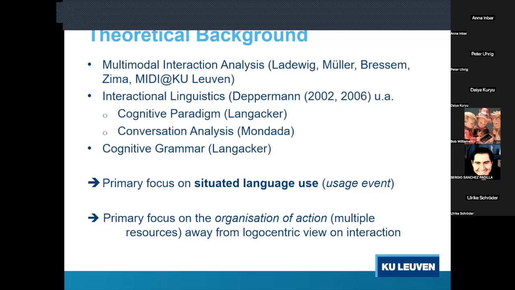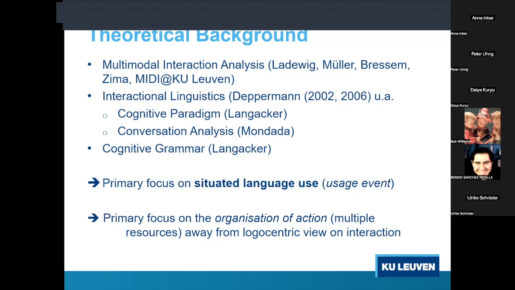The main thing is that what these paradigms have in common is that they focus not just on the linguistic system per se, like you have in morphology and historical linguistics or syntax or phonology, but that you're focusing on the so-called usage event, which is the situated language use, where you take all these dimensions into account, like gesturing.